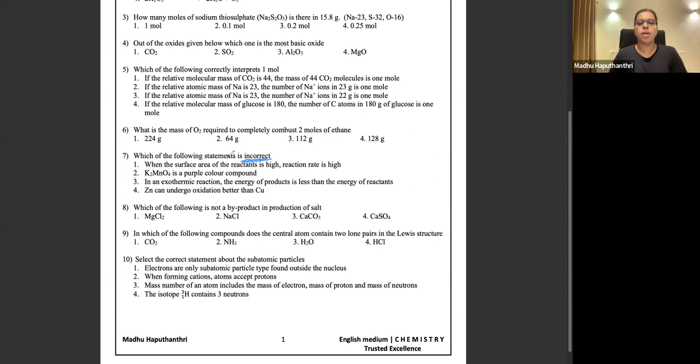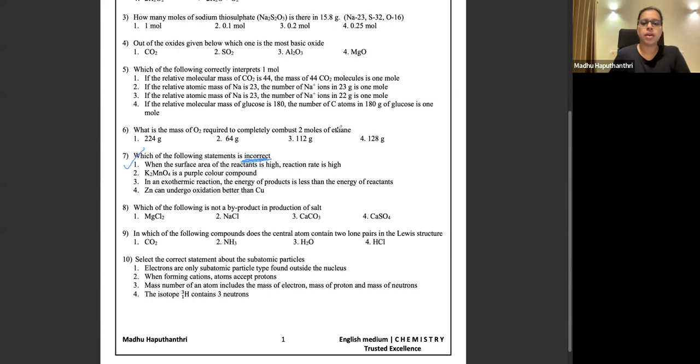When the surface area of the reactants is high, reaction rate is high. That statement is generally correct, because when the surface area of the reactants is high, it's leading to more collisions. So more collisions means we can expect more products to get formed. High surface area gives the chance for more collisions, and more collisions lead to more products.